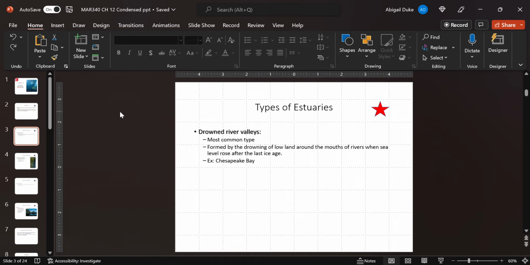So I think we're going to go through all of those different kinds. Here's another note, on page 276. The other one was on 277. This one says estuaries are partially enclosed coastal regions where fresh water from rivers meets and mixes with seawater, which is what we went over earlier.